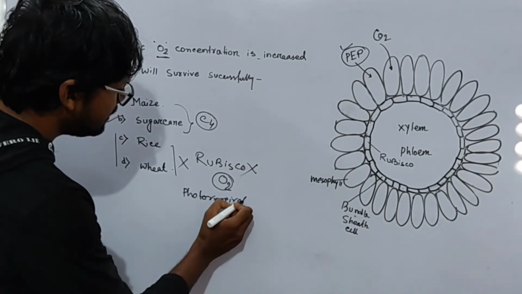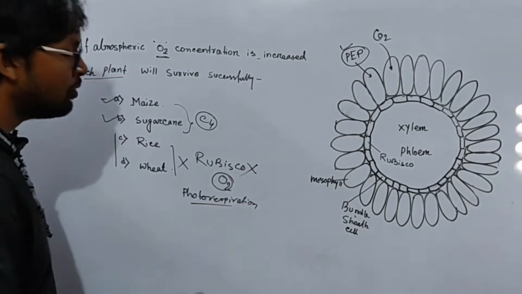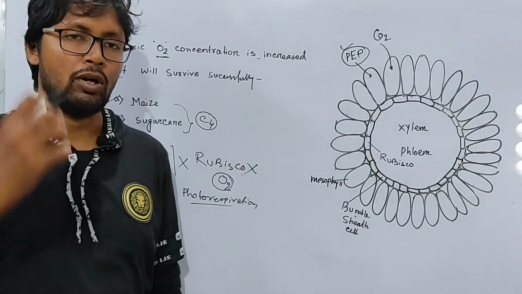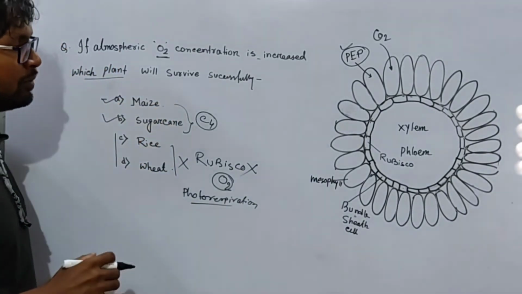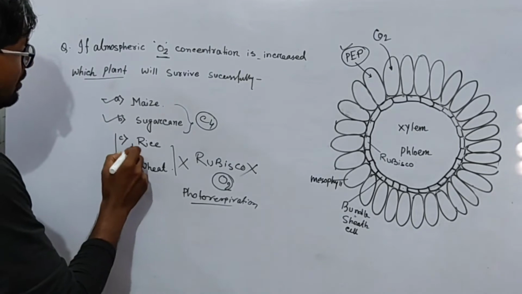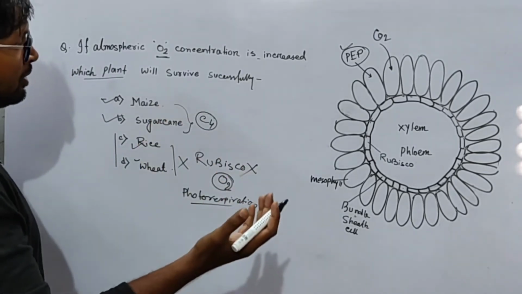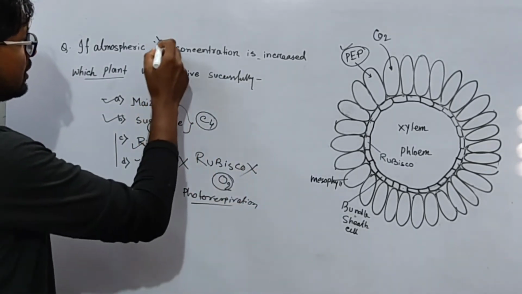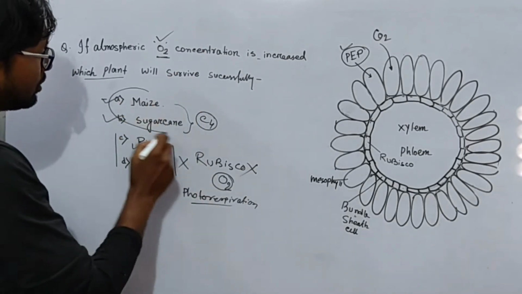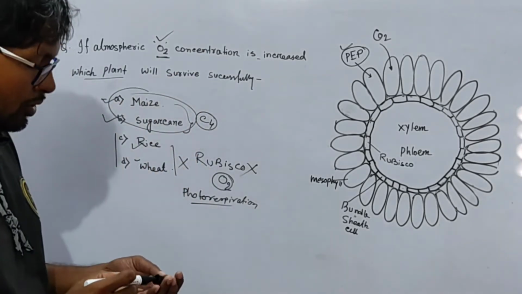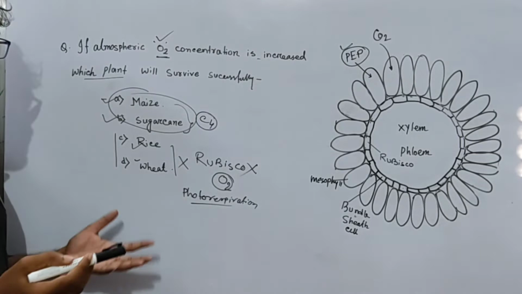As a result of photorespiration, carbon dioxide will be released from the body, not absorbed, so the net weight of the body is reduced. So these plants will not survive in future if the carbon dioxide concentration is reduced and the oxygen concentration is high. So maize and sugarcane, or other C4 plants, will survive.